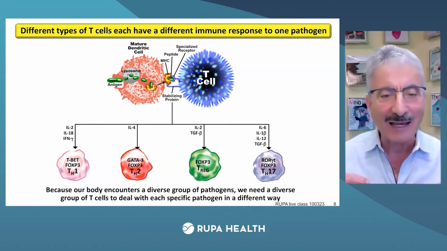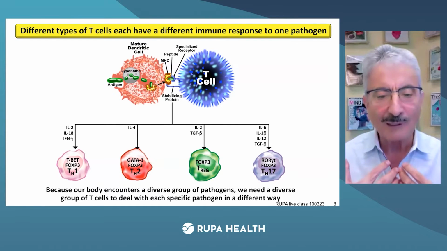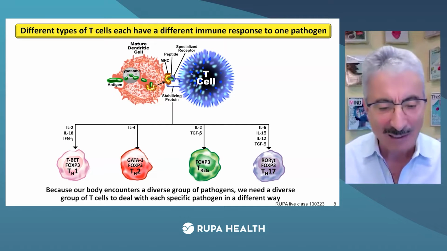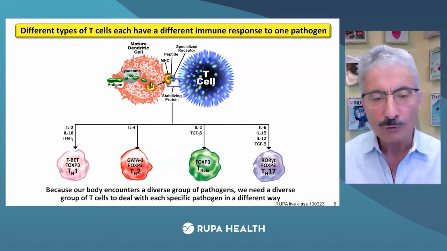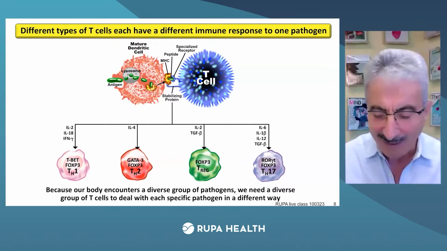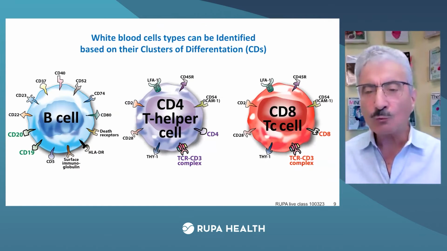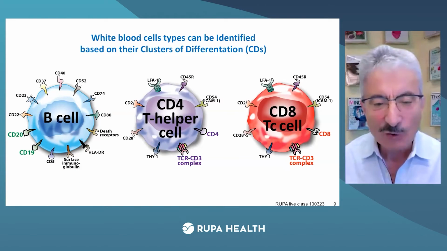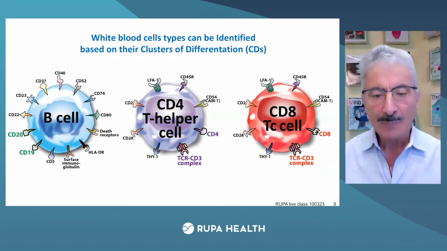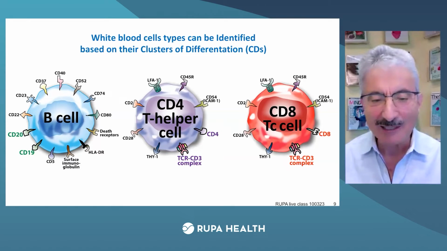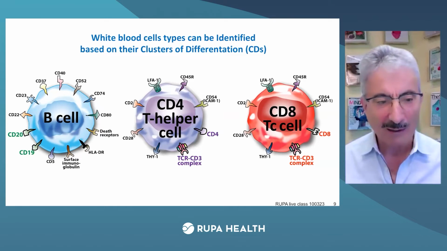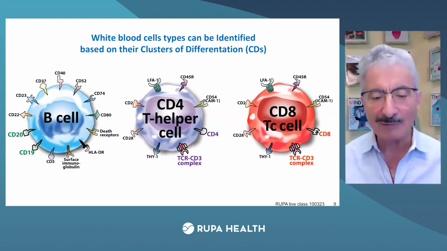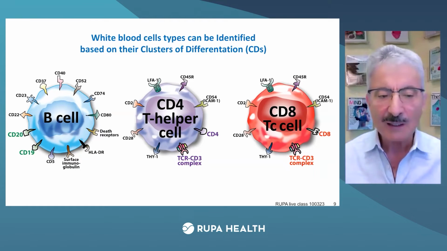Therefore, we need a diverse group of lymphocytes, in this case T cells, to respond to that variety of antigens. And each one of these T cells or B cells has specific cluster differentiation on their surface, as you can see. Some of them are general cluster differentiation. Some of them are highly specific to the type of cell that we are going to measure.